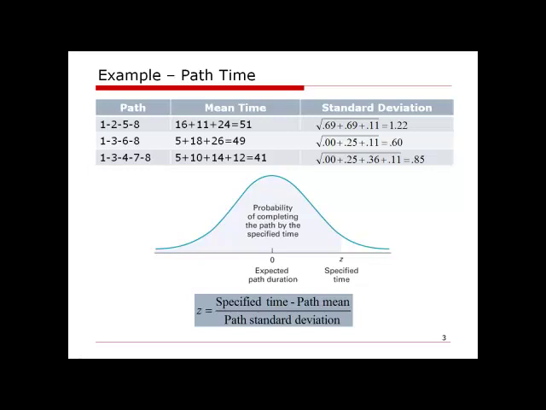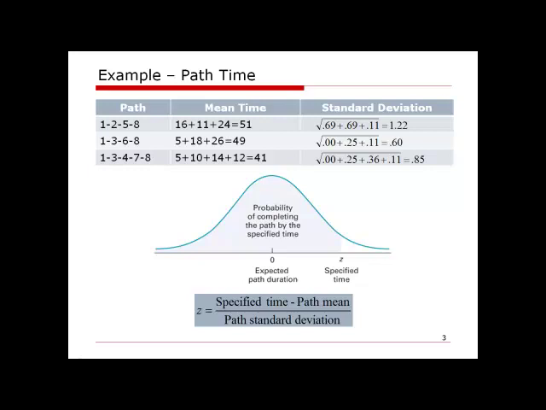The corresponding times on each activity are 16, 11, and 24. So the total time is 51 weeks, which is the mean time. It tells us it takes an average of 51 weeks to finish the three activities on path 1, 2, 5, 8. Similarly, we can calculate the mean time for the other two paths, which are 49 and 41 respectively.